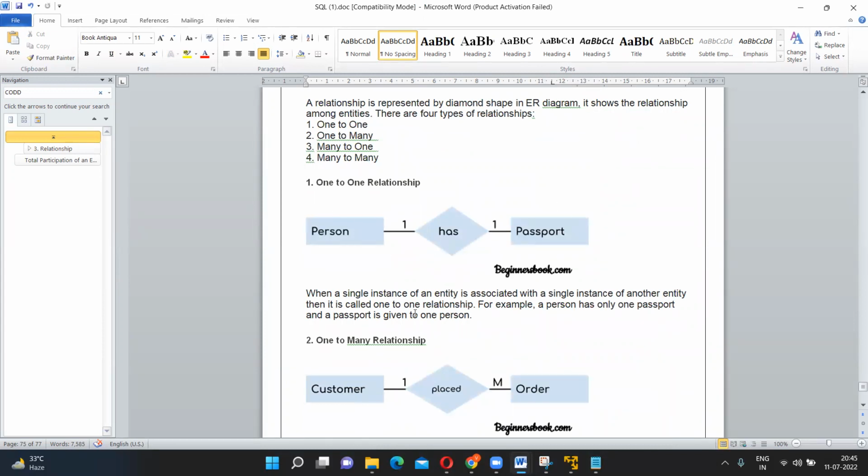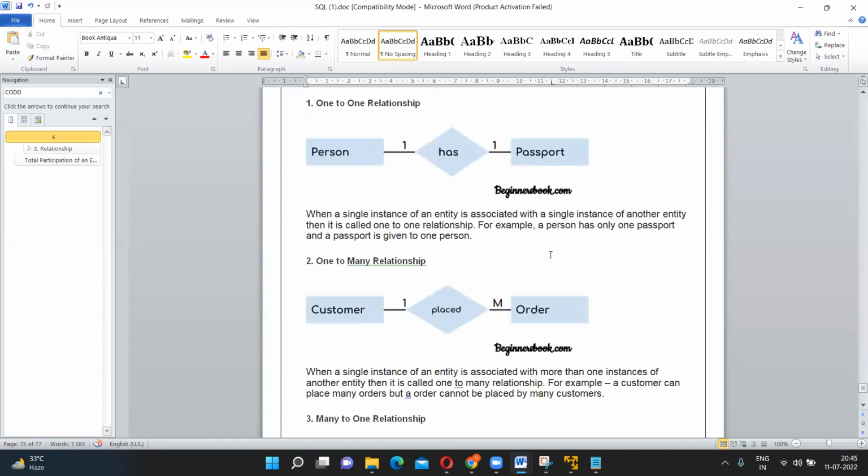When a single instance of an entity is associated with a single instance of another entity, then it is called a one-to-one relationship. For example, a person can have only one passport. So one table has a relationship with only one table. This is called one-to-one.